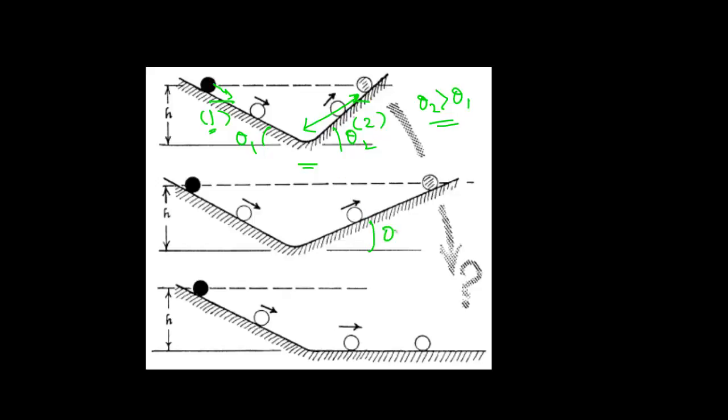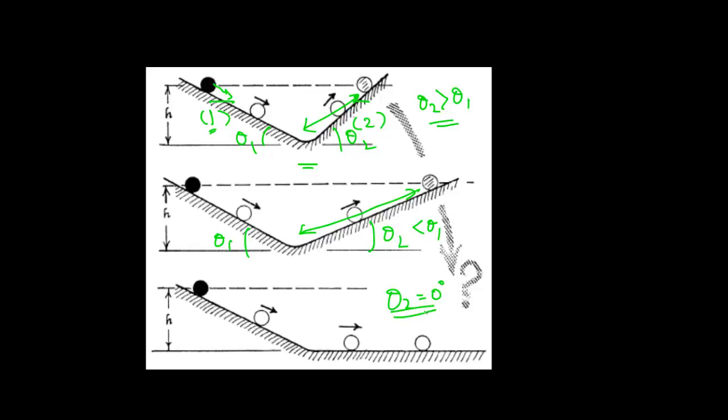So now you see this theta 2 is lesser than theta 1. You played with it and you reduced the angle, you being Galileo. So he reduced this angle and he saw that a larger distance is actually being covered in inclined plane 2. Interesting.